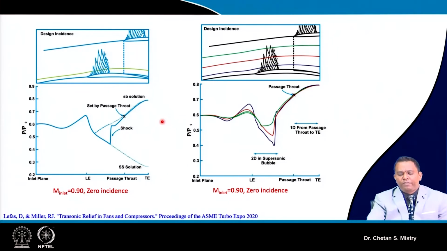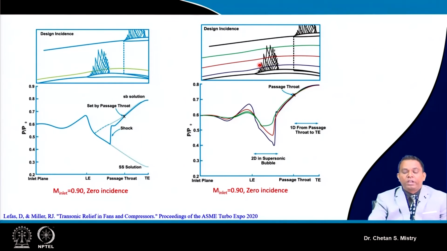Now, let us move ahead with the same configuration, but rather than one streamline, let us take three different streamlines. This one is near my suction surface, this one is nearly at the mid station, and this one is towards the pressure surface of the other blade.